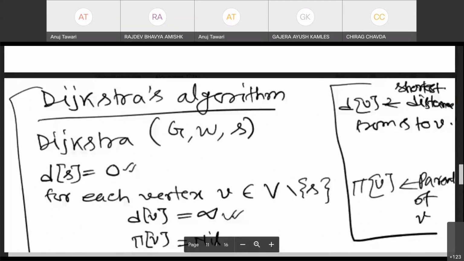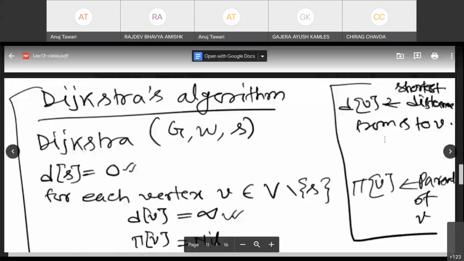So let dv be the shortest distance from S to V. We are not just interested in finding the shortest path from S to V. We also need to output that path, the exact path which we want to use. Because it's useful in Google Maps kind of applications, where it doesn't just tell you the distance from Ahmedabad to Gandhinagar.